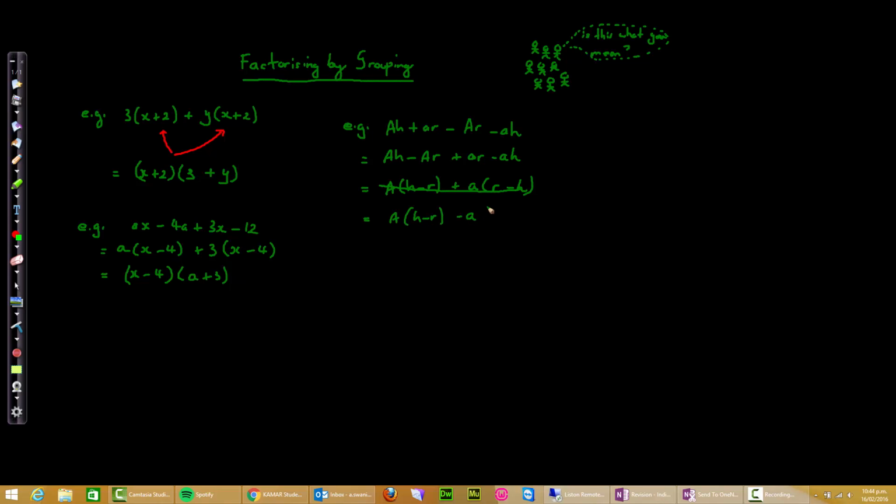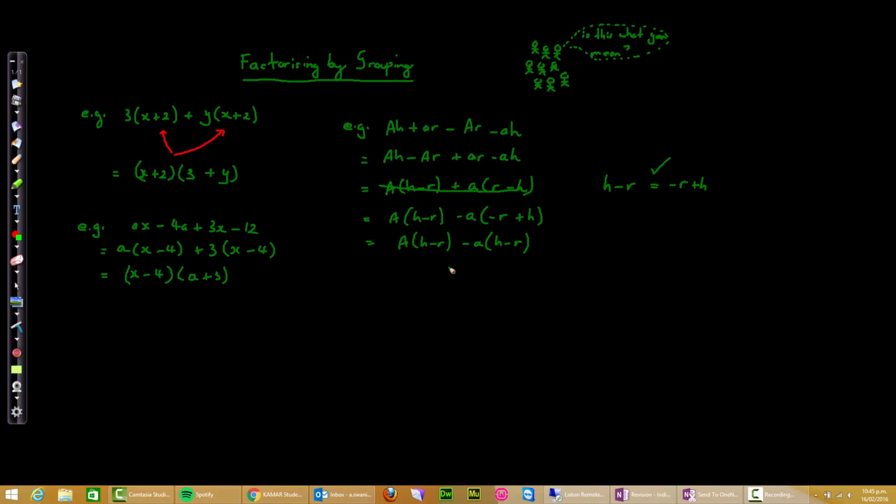So minus a, now that would mean I'd need to have negative a times negative r to give this positive a r back, and negative a times h, positive h, to give this back. Now, is h minus r the same as negative r plus h? Are they equal? Well, yes, they are. So effectively this means the same thing as that.